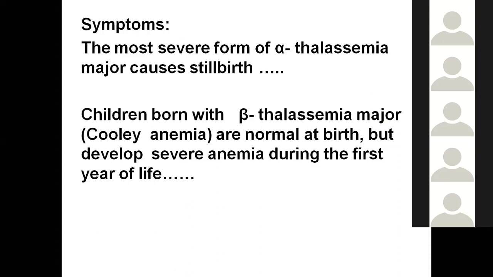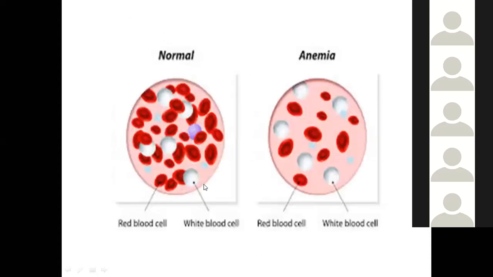Children born with beta thalassemia major, also known as Cooley's anemia, are normal at birth, but develop severe anemia during the first year of life and they require blood transfusion. Then survival is possible. Okay.